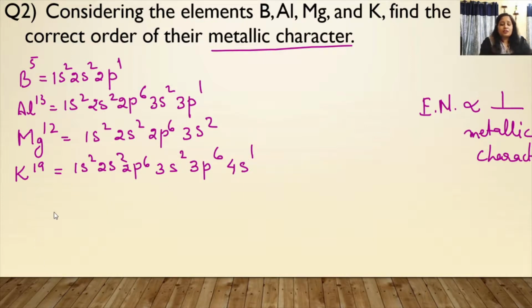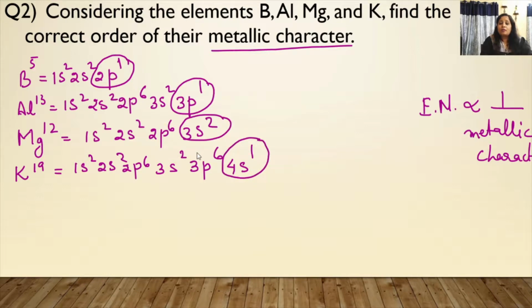Correct? The configuration as we wrote, then we will get the position in the periodic table. How can we get it? From the last coming electron. In the case of boron, it is here. In aluminium, it is here. We only want this last shell configuration. So we can say boron is from, because it is level 2, the second period, and we can write the block.